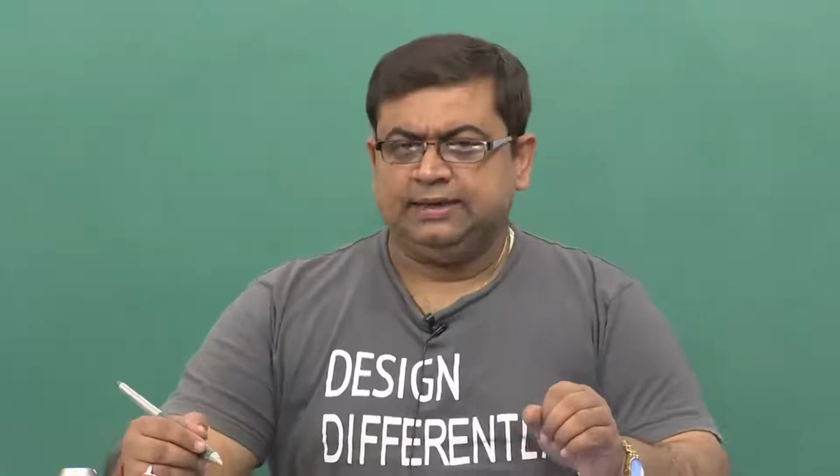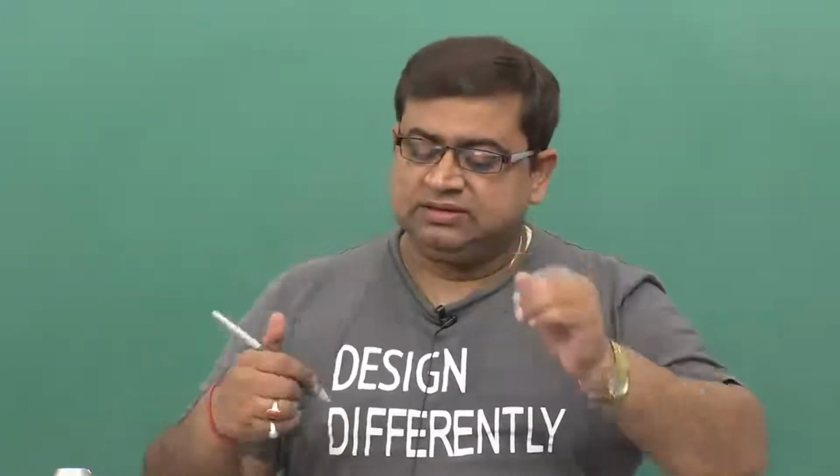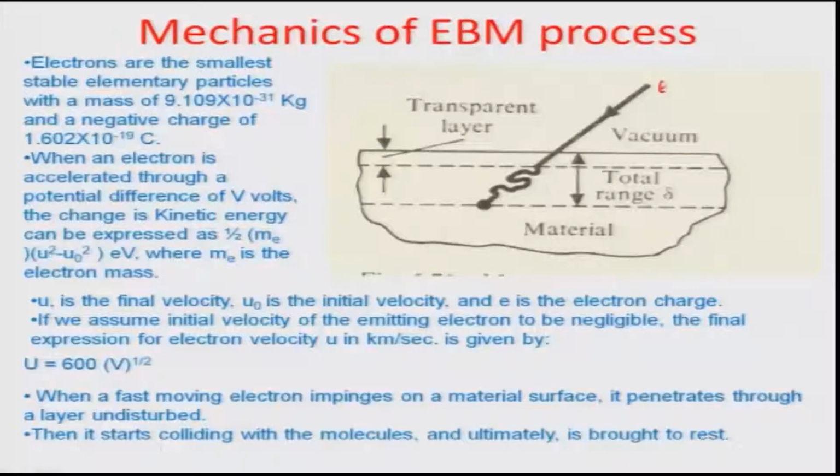So, let us look at a little bit of the mechanics which is underlying the e-beam process. As I already have illustrated, the electrons are accelerated through a voltage and they have a very high overall velocity, probably close to that of light.